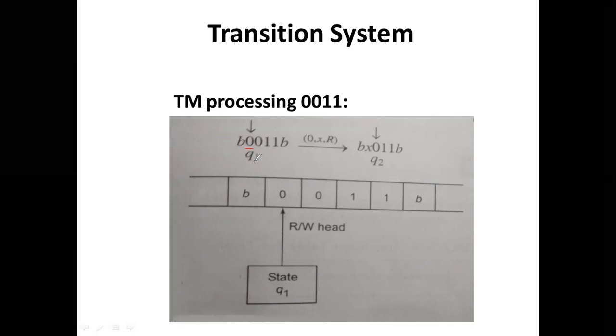After reading this input 0, it will move to the Q2 state, and 0 is replaced by X. The read write head now moves to the right side. So now, the instantaneous description, as per our previous discussions, is alpha, beta, gamma, where beta is Q2, and now the read write head is on this 0.